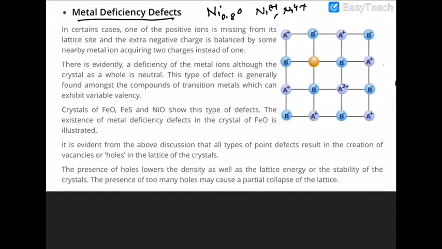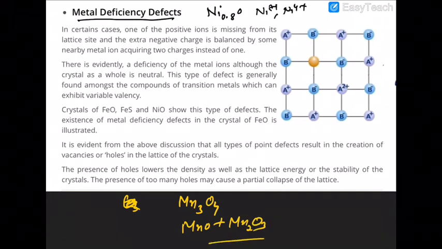Let us suppose you have Mn3O4. It is a combination of two compounds. So here you will see that MnO 1.33 exists.